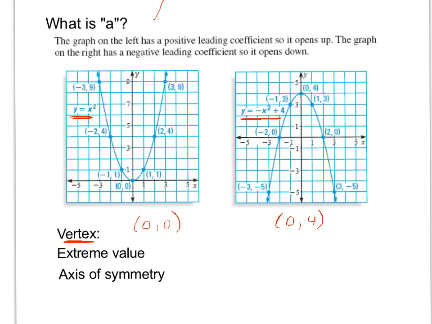Now notice, the x's don't have an extreme value. They'll go forever to the right, that's what the arrow means, and forever to the left. But the y has an extreme value. In the first graph, it's the lowest value, which is just a y value of 0. And in the second graph, it's a highest value, which is a value of 4.